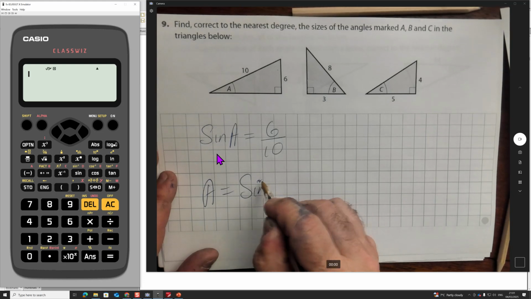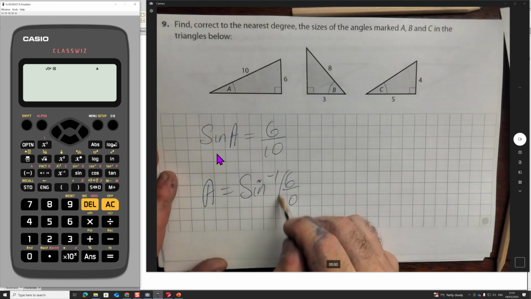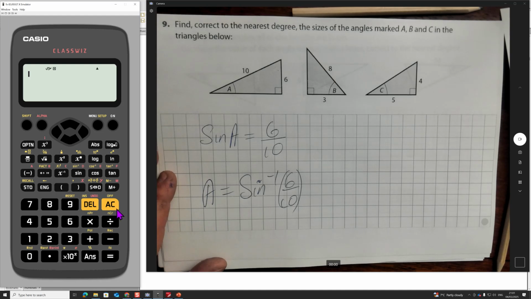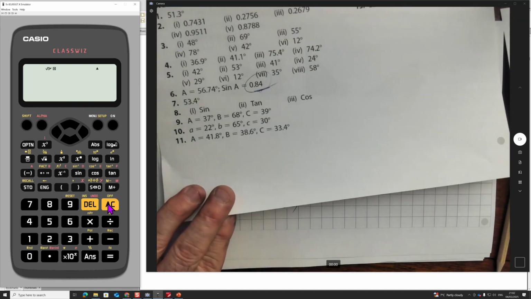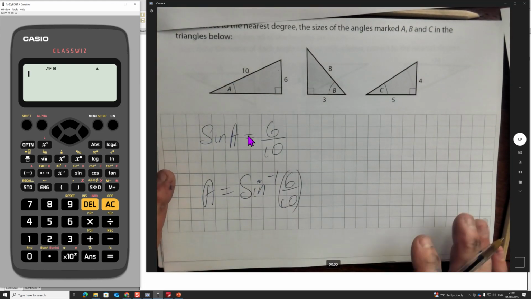You'll be writing this in the exam, inverse sine. I'm just not going to write it every time. I think I've explained myself long enough now. Shift sine 6/10 equals. Okay, write it down. We'll drive on. 36.87, so 37 degrees. Okay, on we go.